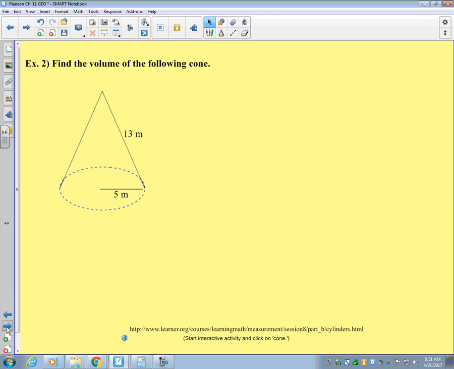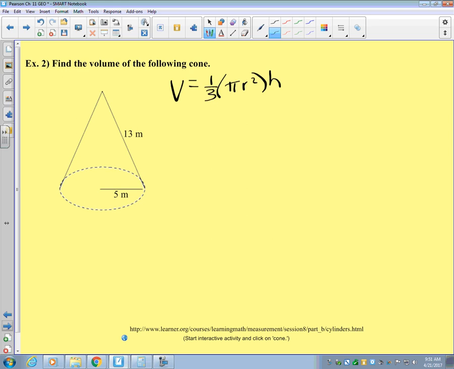All right, cone. Cone's the same thing. Volume of a cone is 1/3 the area of the base times the height. I am substituting out big B with pi r squared because the area of the circle is pi r squared.